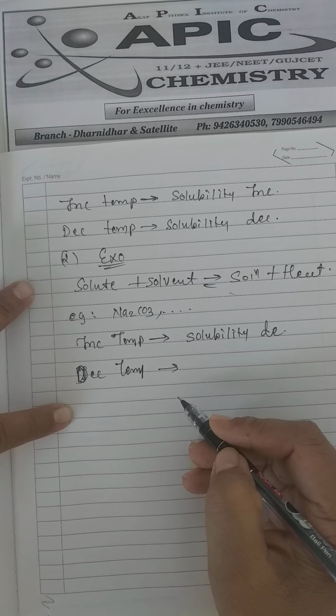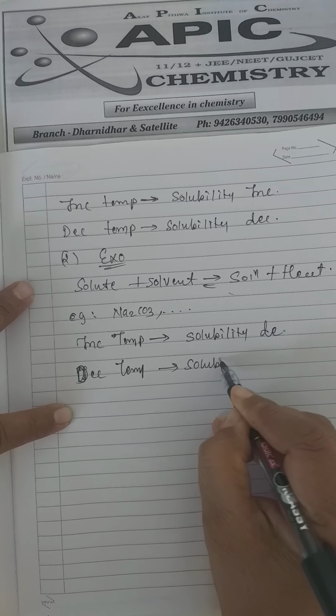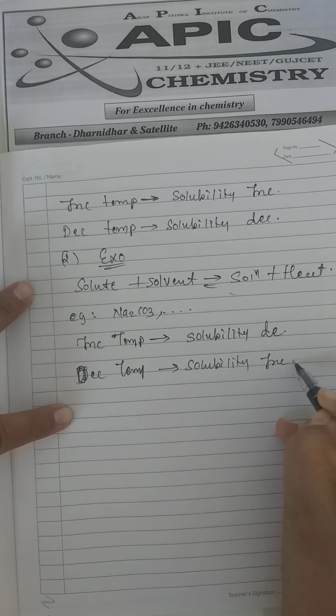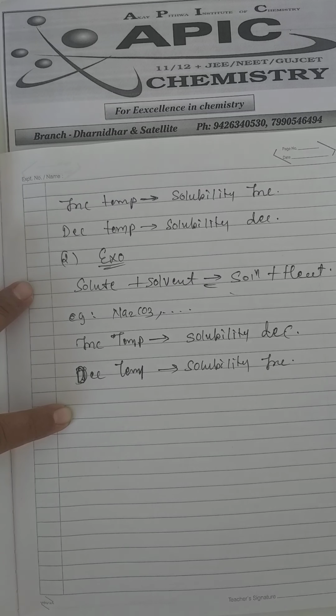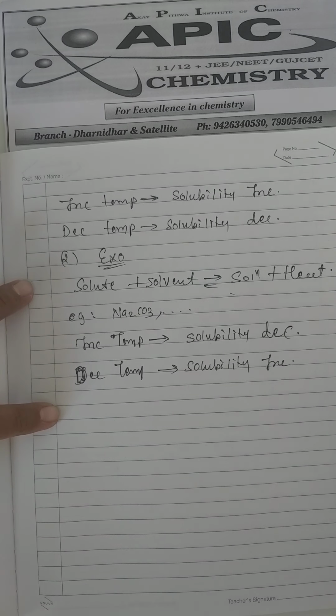That means solubility increases: more and more of the solute will dissolve in the solvent and make a solution. So there are two parts, endothermic solutions and exothermic solutions.